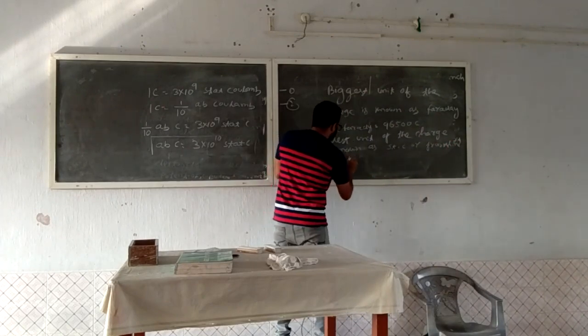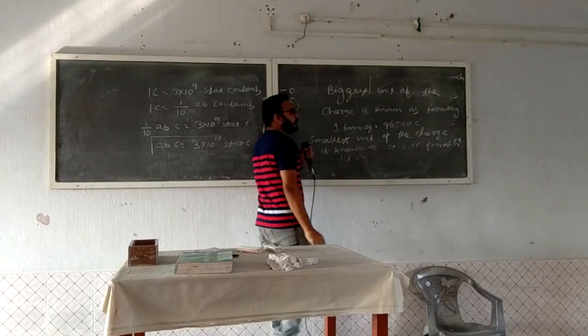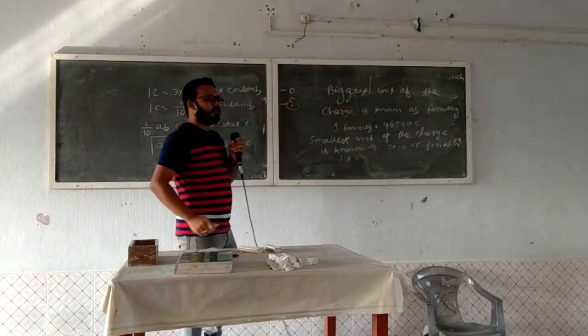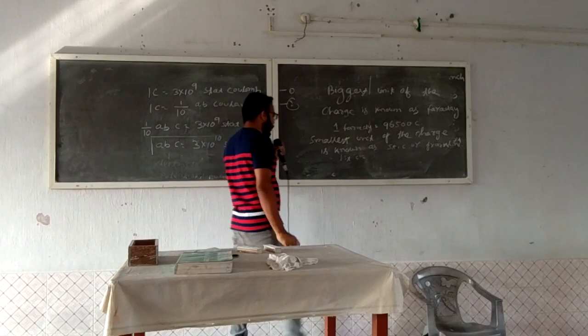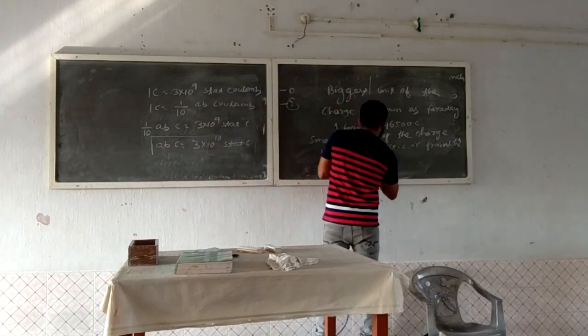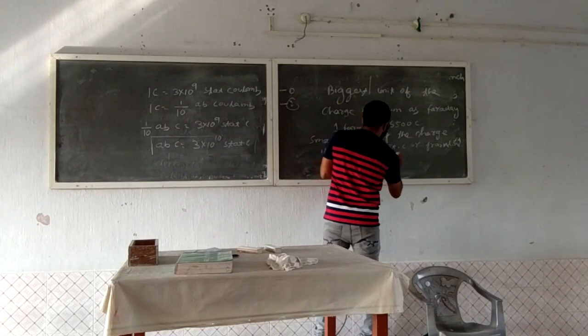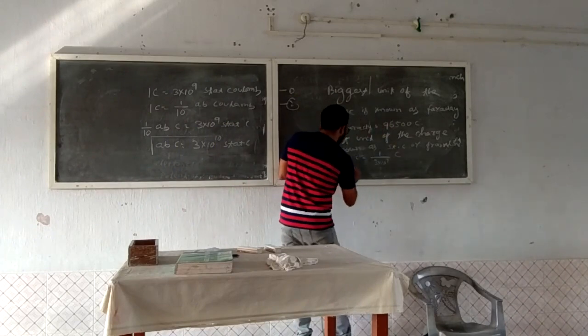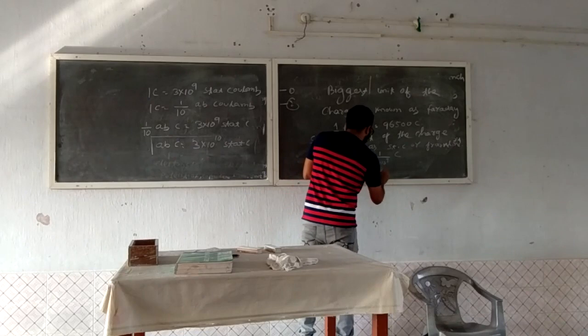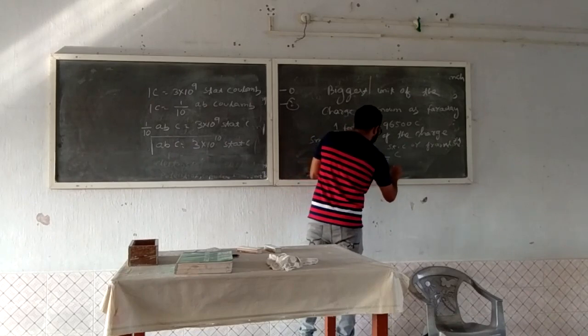The 1 statcoulomb equal to how many coulomb? 1 statcoulomb equal to 1 by 3 into 10 to the power 9 coulomb. So 1 coulomb equal to 3 into 10 to the power 9 statcoulomb.